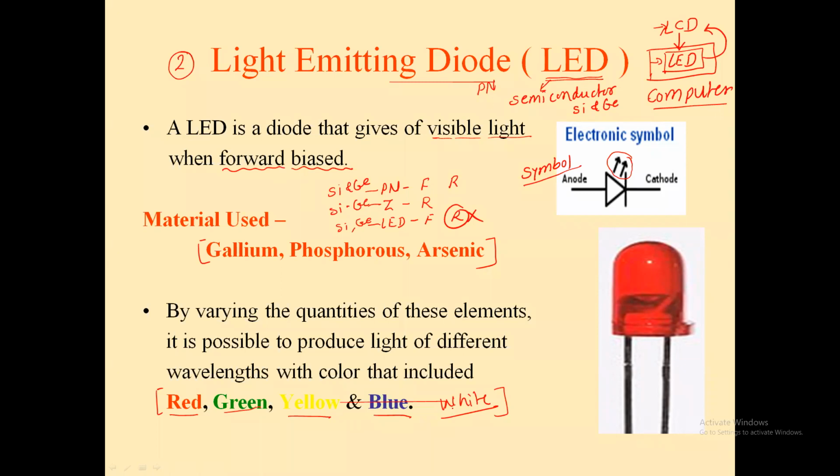You can search for them everywhere and find them. Get it, my point. And as I said, along with silicon and germanium, gallium, phosphorus, and arsenic are used, and with the help of these, different LEDs can be prepared.